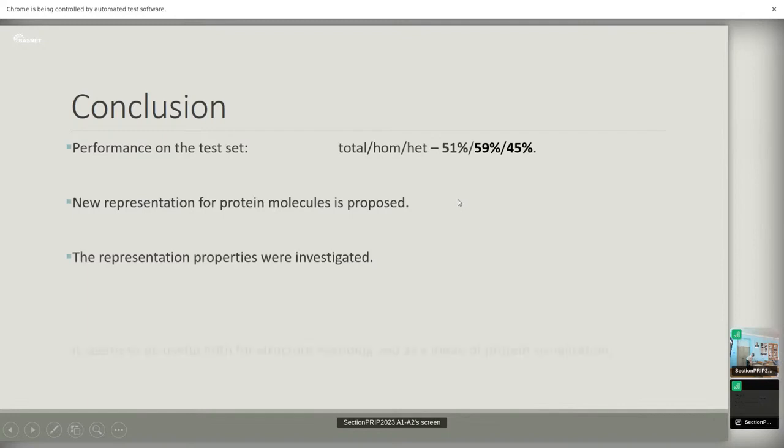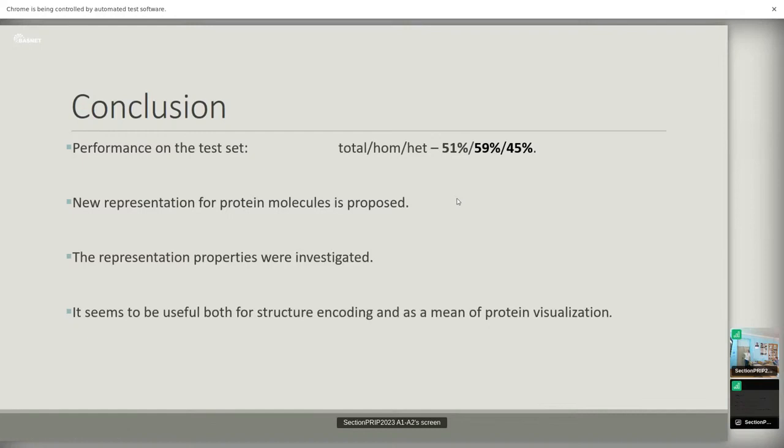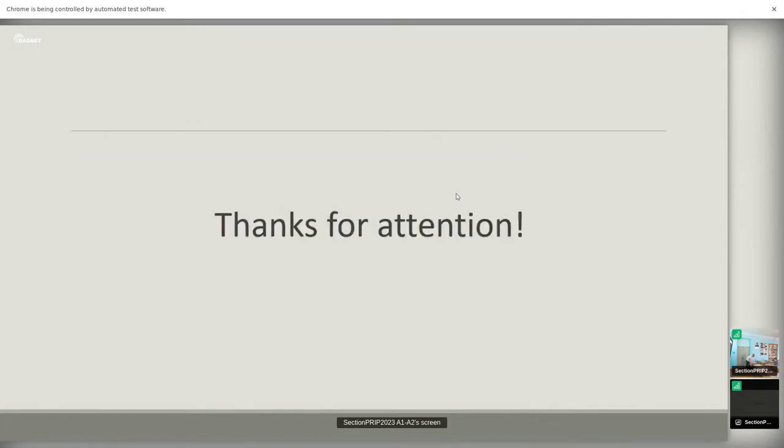The representation is very useful, for example, not just to encode for neural networks, but also for visualization. There are quite good textures on these images, and the animation from the second slide was made without any physical validation, only with these matrices. Thanks for your attention.